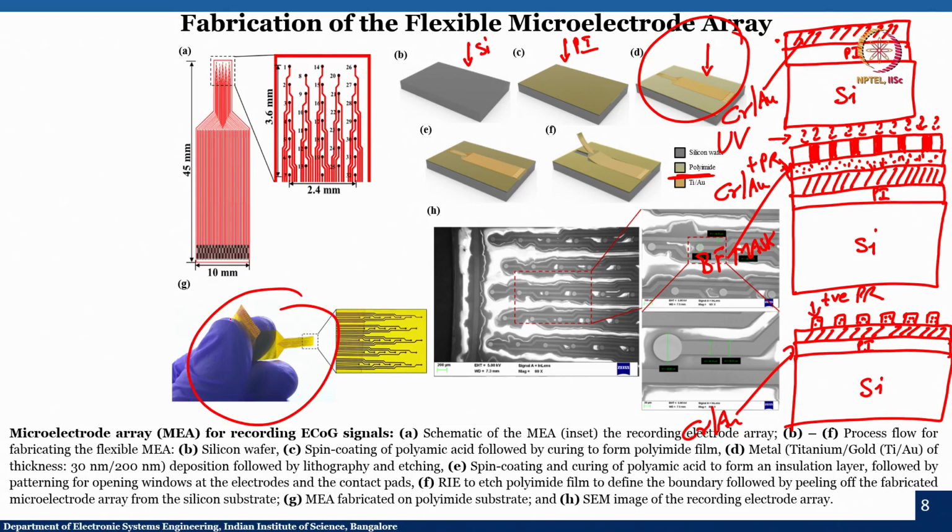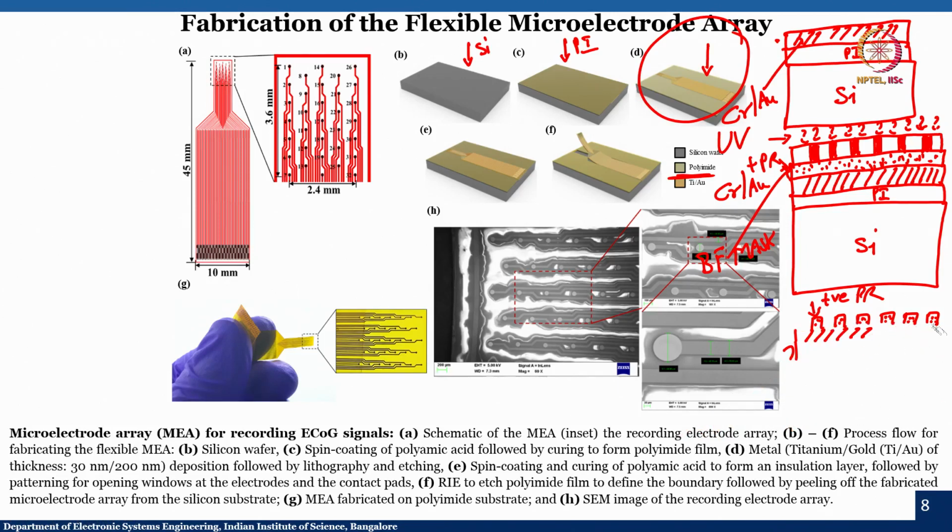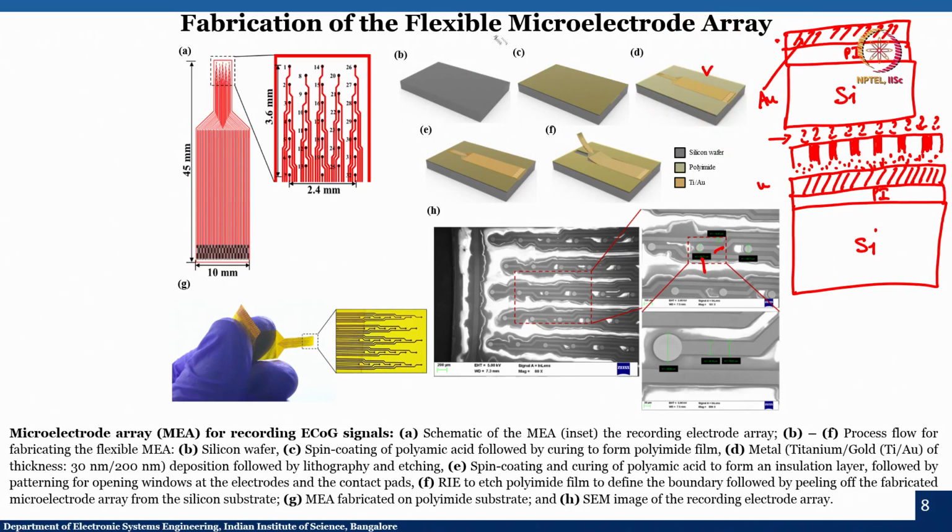It is like this, it is flexible in nature, and if you zoom in on the recording electrodes, you will see that there are 32 beautiful electrodes that are patterned, and the electrode material is titanium and gold. Okay. So, we now have the device. What to do with the device?